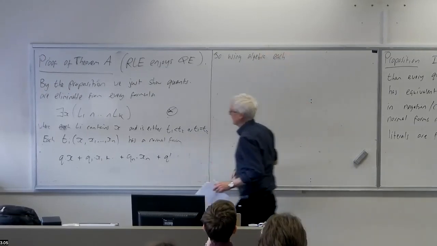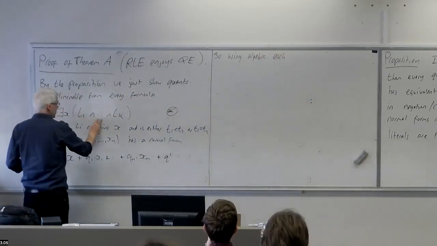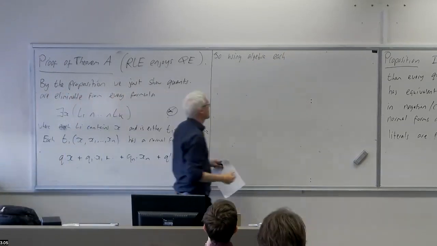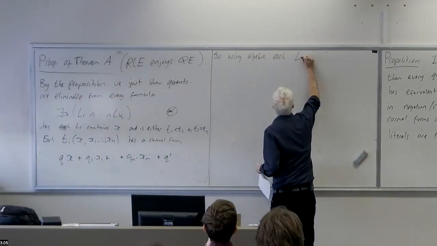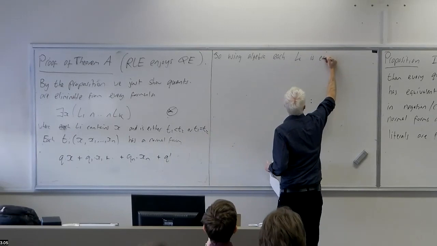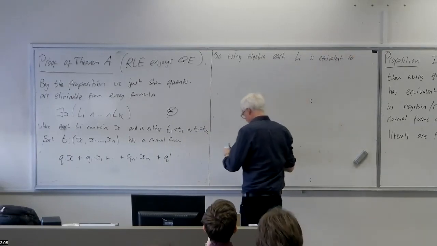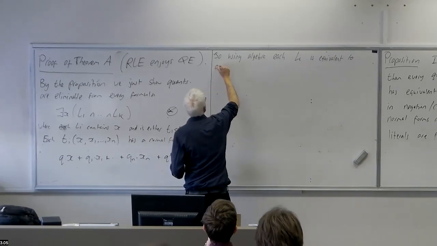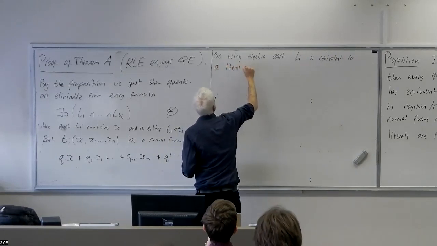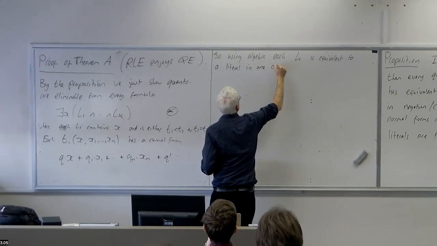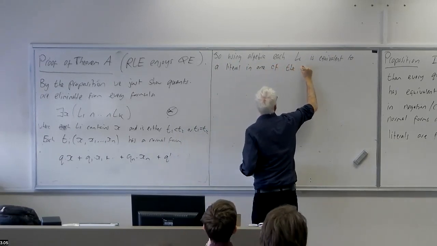each literal that we have in our conjunction star, so each Li, is equivalent to a literal in one of the following forms.